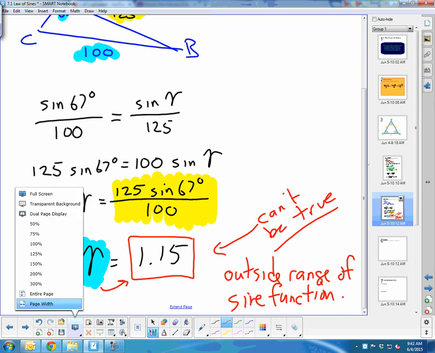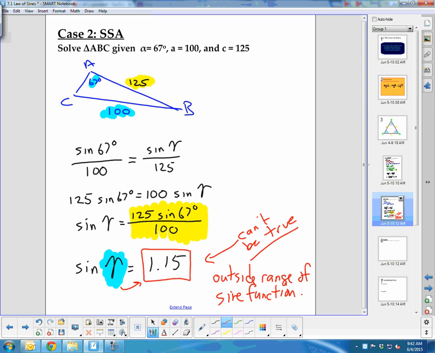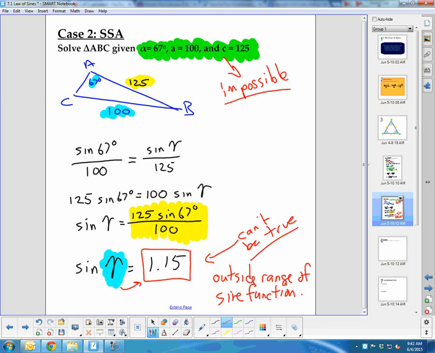So what is the implication of that? Well, that means the setup that we were given for this triangle is impossible. You cannot construct a triangle with an angle of 67 degrees, the opposite side being 100 units, and another one of the sides being 125.